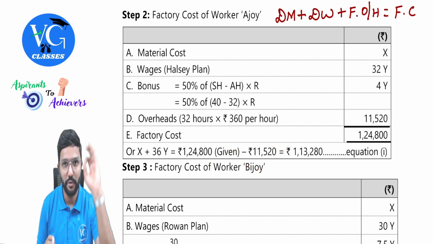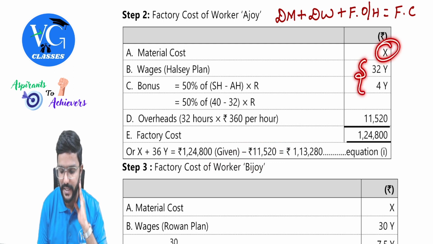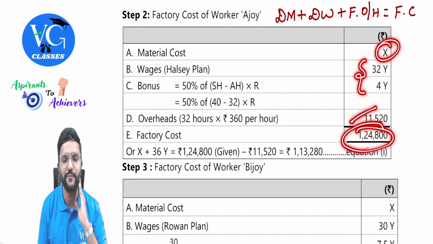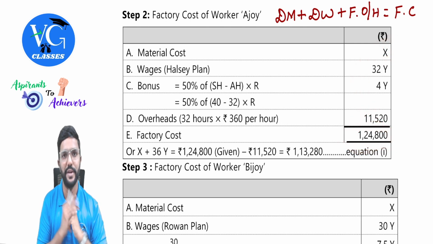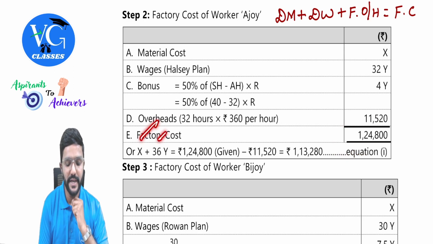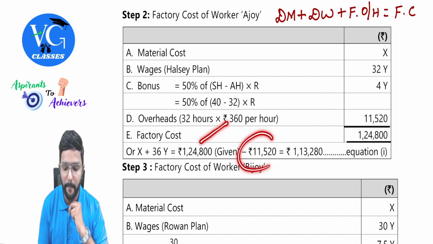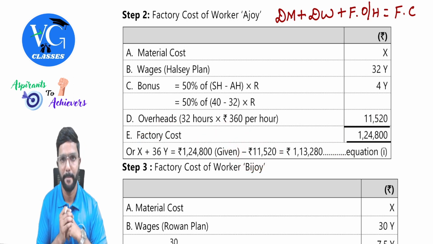So the equation is X plus 36Y plus 11,520 is equal to 1,24,800. This is the equation. If I take this to the other side, it becomes minus. So X plus 36Y is equal to 1,24,800 minus 11,520.